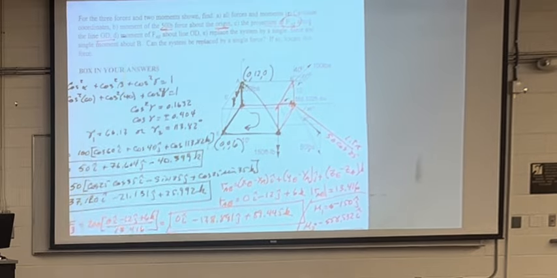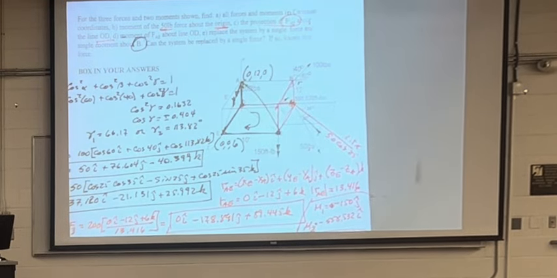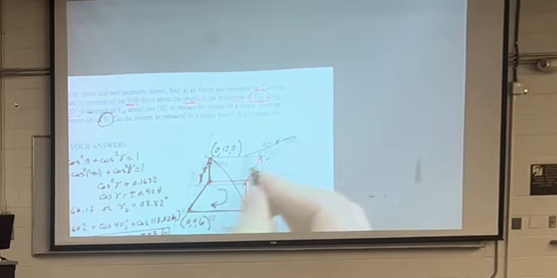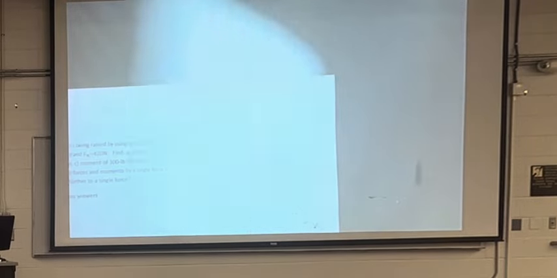Next. Hey, reduce this thing to a single force at B. Well, a single force at B wipes that guy out, because it's acting at B, so I don't have to worry about that force. So here we go. First of all, let's do the single force resultant.